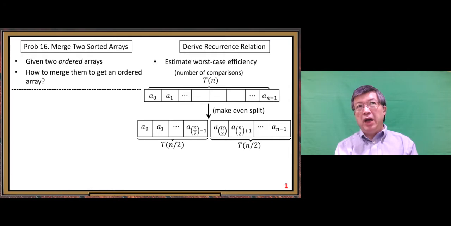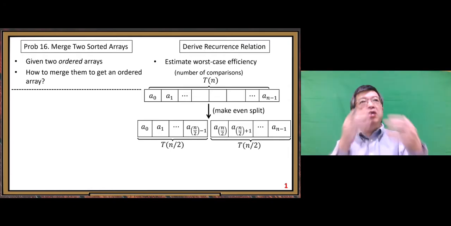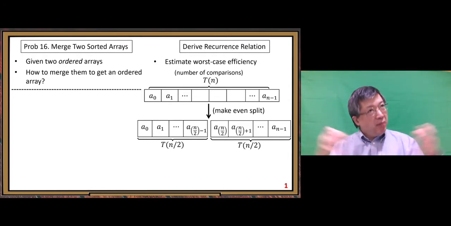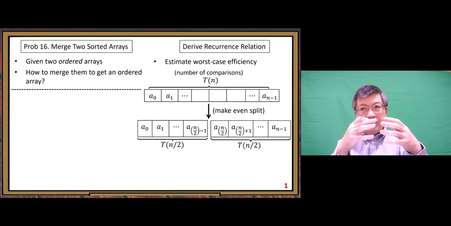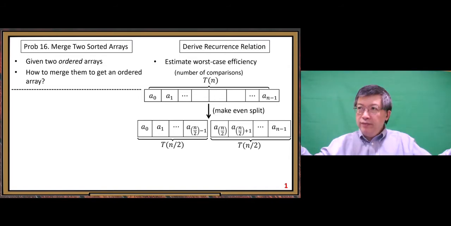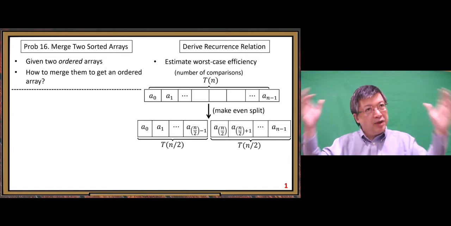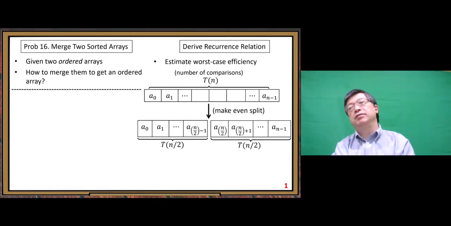But after that merge step, we need to combine the results of two sorted subarrays to get one sorted whole array. So that combine step, we need to pay some cost.